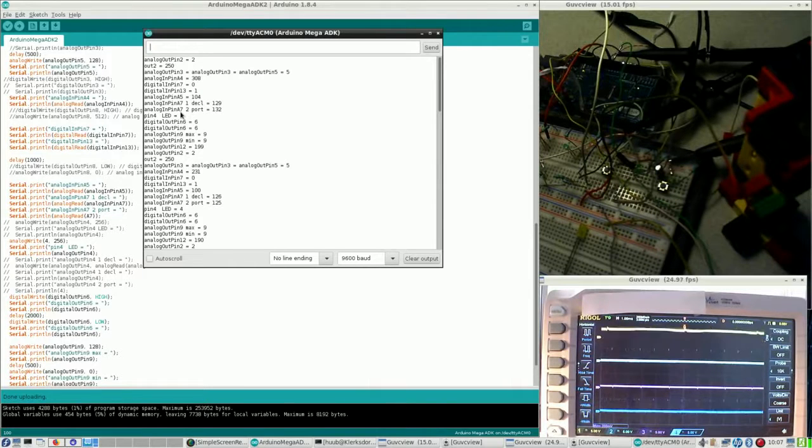So channel 4. And I will need to put it to 1 volt. And then the question is, what is this?